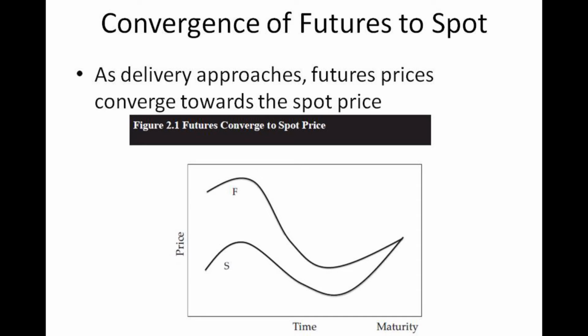And so as you can see there in the chart, no matter what happens with the price of the underlying, the spot price is going up and down. The futures or forward price is going up and down roughly in line with it. But as time is passing, as we're getting closer to maturity, that is narrowing out.